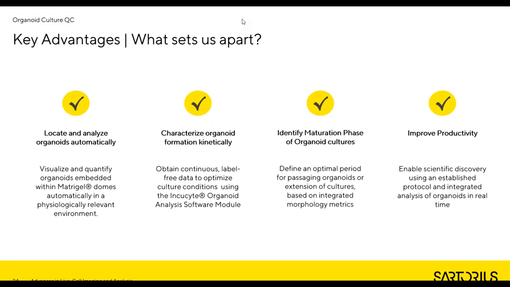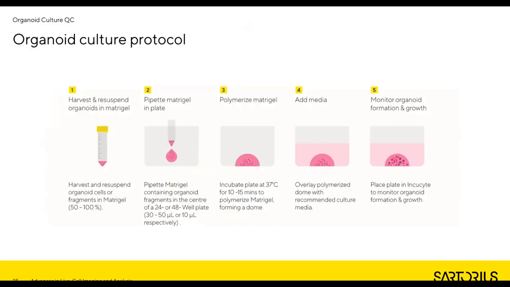And you can measure things such as size and count really rapidly, and this enables unbiased assessment of organoid maturation and provides great insight, particularly when it comes to determining optimal passaging periods or culture extensions with regards to organoids. And this solution, alongside a fully validated protocol, which I'll go through briefly on the next slide, enables easy generation of reproducible organoid formation analysis in 24 and 48 well plates.